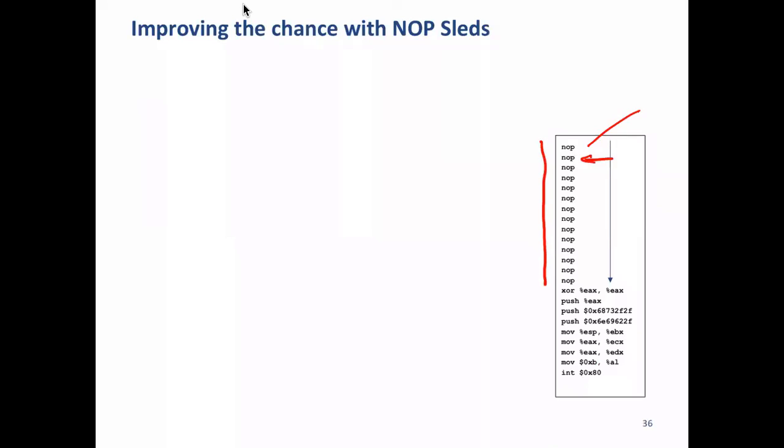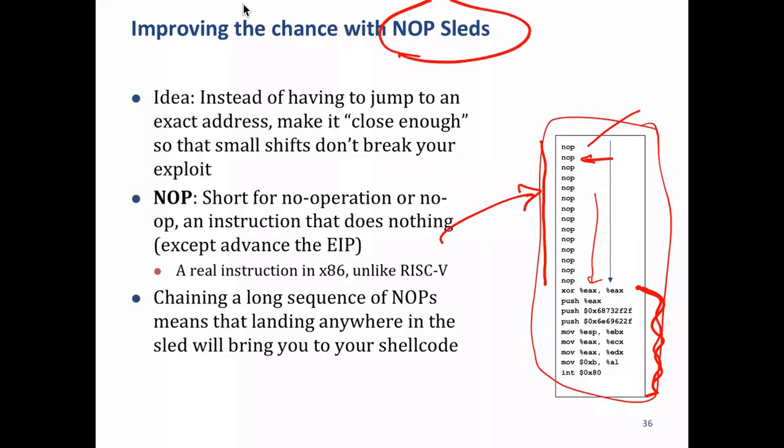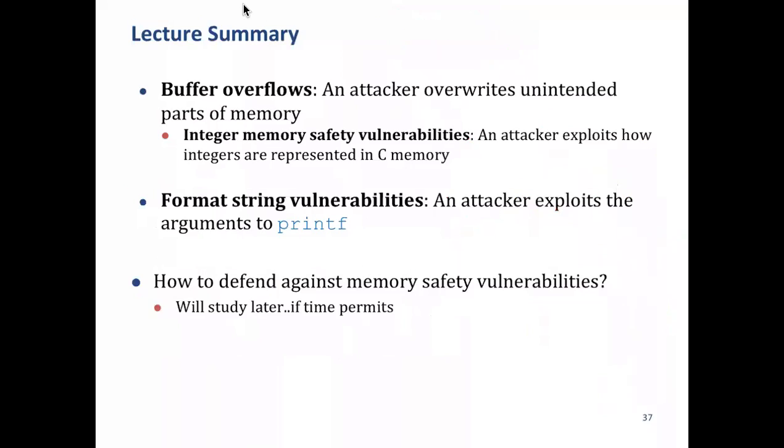So if you jump somewhere into this region and start execution from there, ultimately you'll hit the malicious code. It's called a NOP sled. So if you approximately find out the address from all the information available to you and guess, and then inject code with a sequence of NOPs, then you are done.